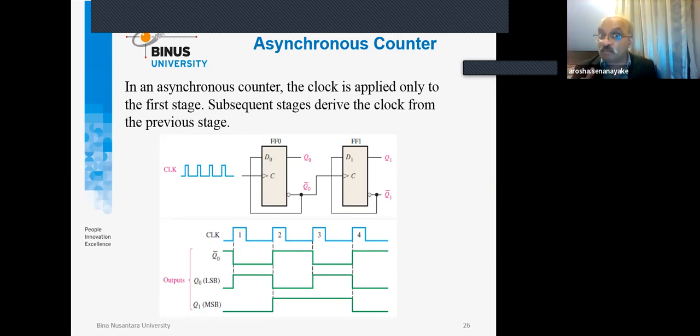Otherwise, you can simply say that the clock is generated from the flip-flop and not from the clock per se. In this case, you can see this is the clock, and that clock has no meaning to activate D1. D1 is activated purely based on Q0 bar being produced.